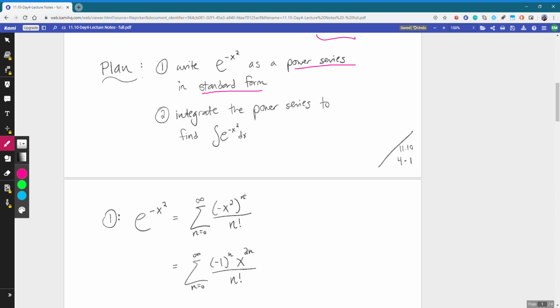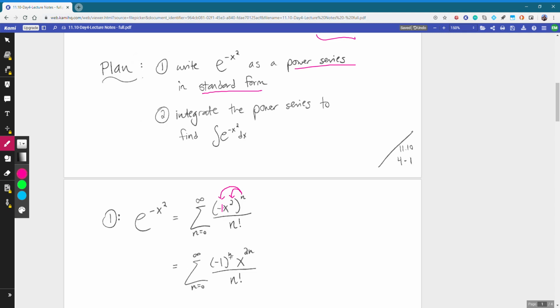And now to get this in standard form, we just need to break up this stuff, get the x stuff on its own. And so this minus, right, the way to think about that is as a minus 1 times this x squared. And this exponent n does distribute nicely over this multiplication to the minus 1 and to the x squared.